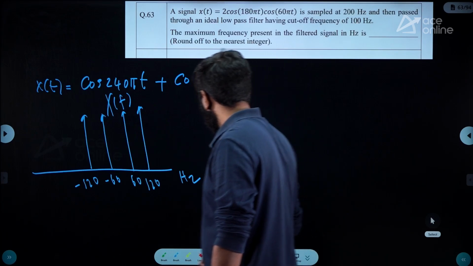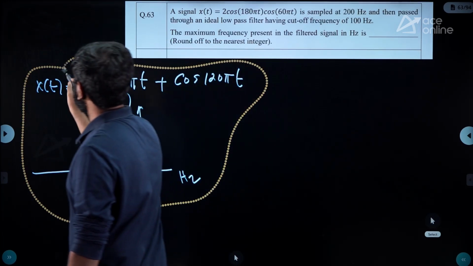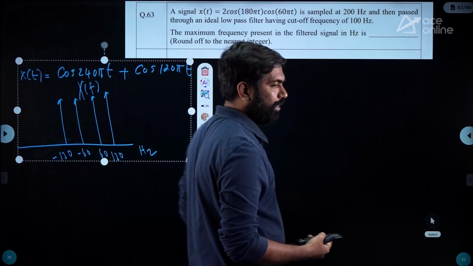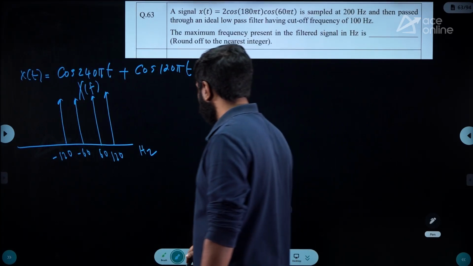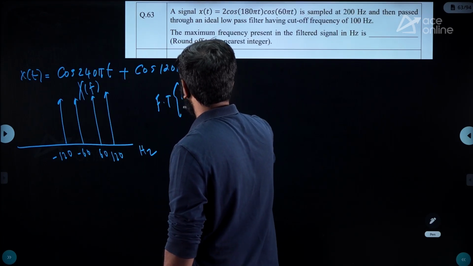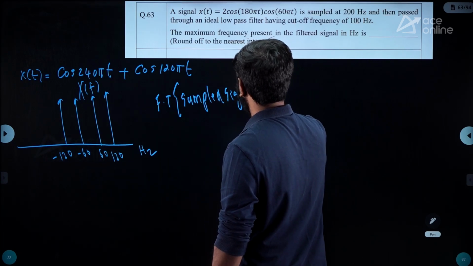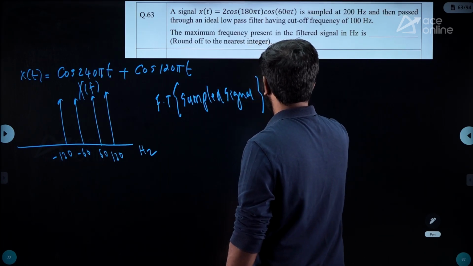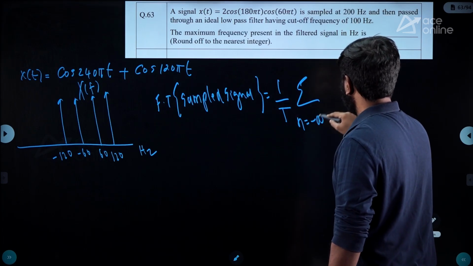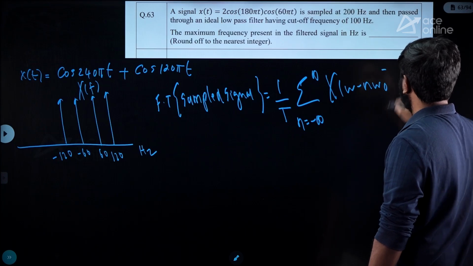What next? Can you write the Fourier transform of the sampled signal? So what's the expression for the Fourier transform of the sampled signal? It is 1 by T summation n from minus infinity to infinity X of omega minus n omega naught.